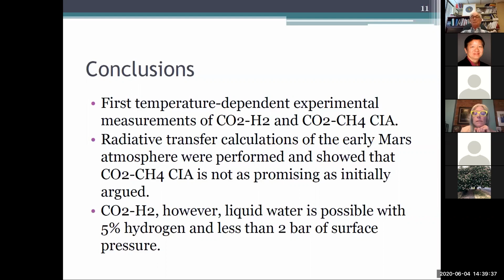So for people who want to potentially go and model other CIA spectra, it's something to take note that you might want to be careful in how you do those calculations. Because deriving experimental CIA is quite difficult, but if you can do reliable modeling calculations of them, that would be beneficial. Good.